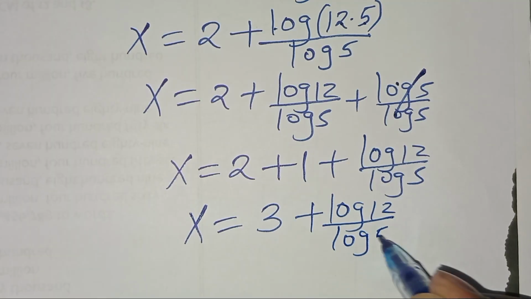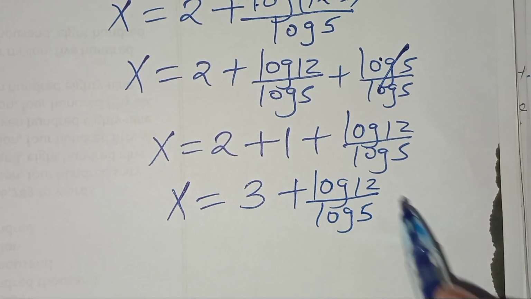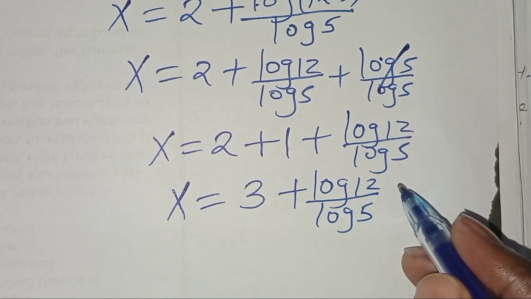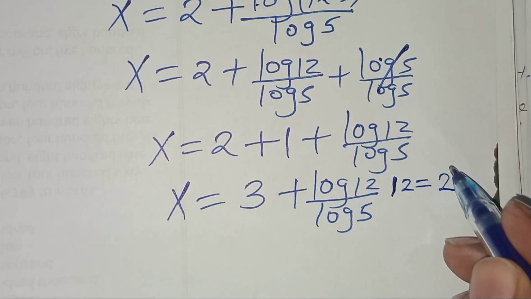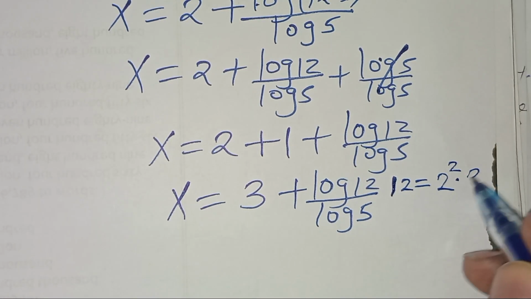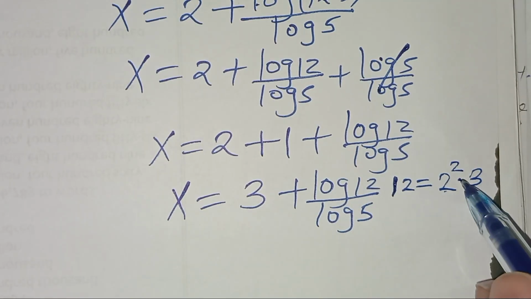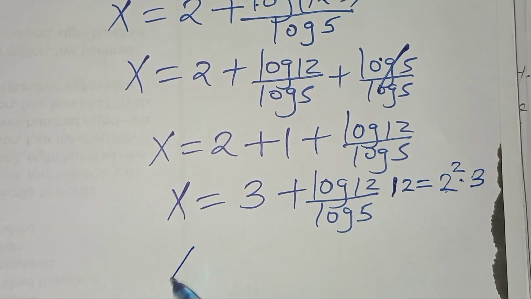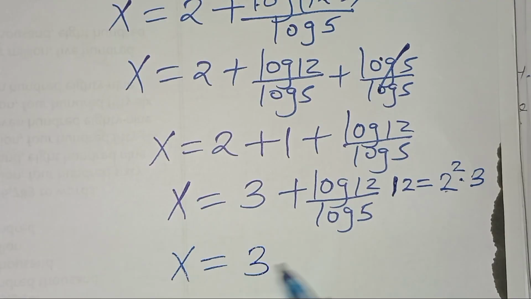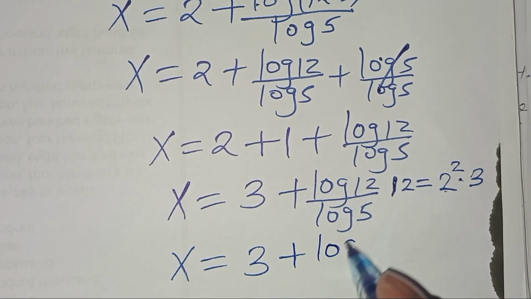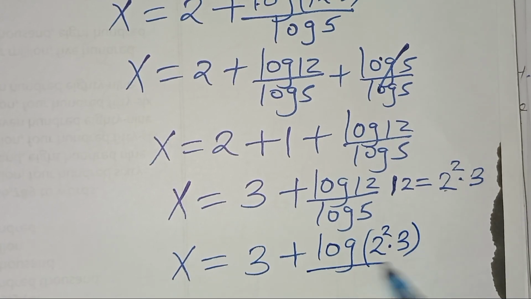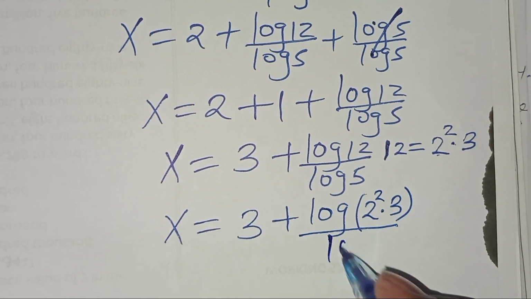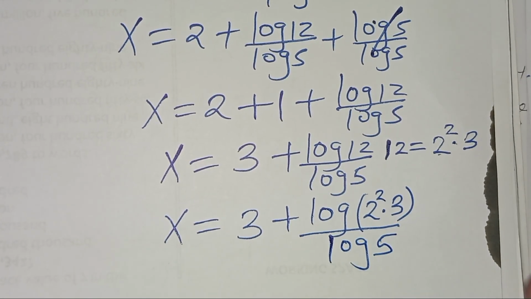The next step here, we can express 12 as 2 to power 2, which is 4 times 3. So we have 2 to power 2 times 3. Let's substitute this. So we have x equal to 3 plus log 2 to power 2 multiplied by 3, all this divided by log 5. So let's proceed from here.